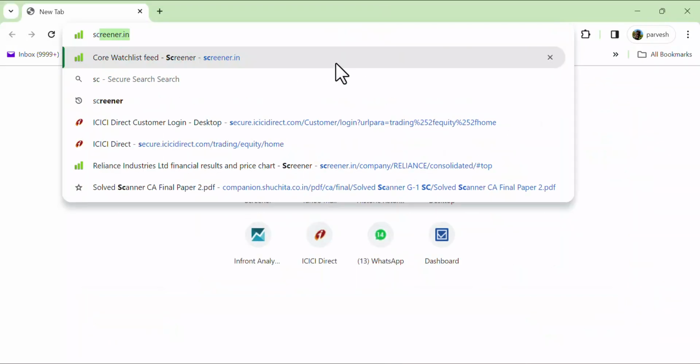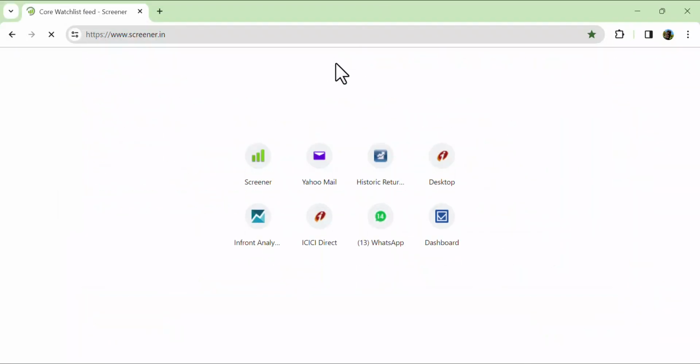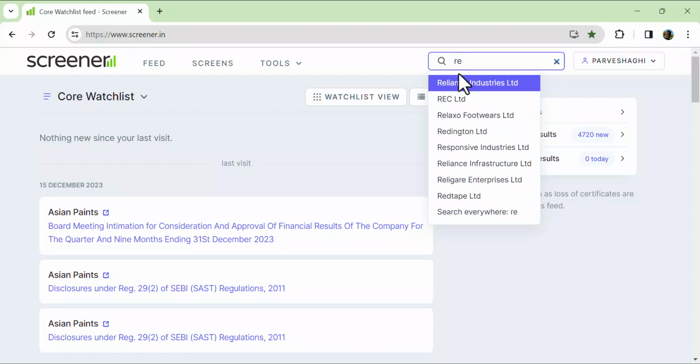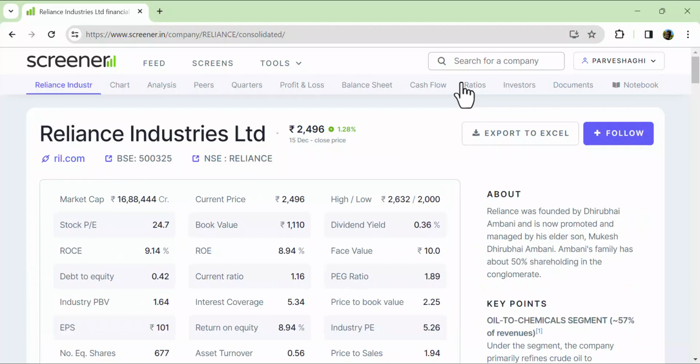Go to Screener again, and go to Reliance again. Here I have my login, and I have put a lot of ratios here.